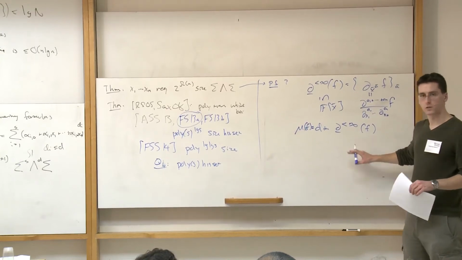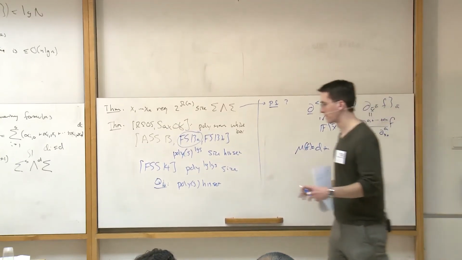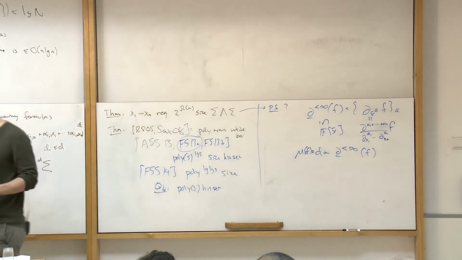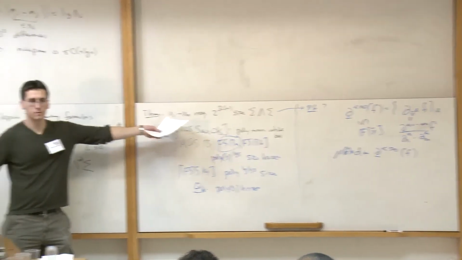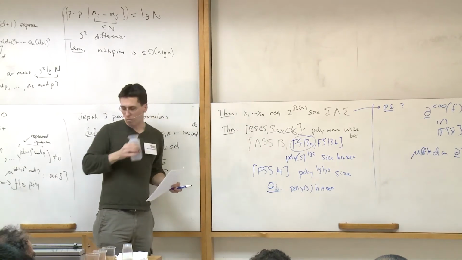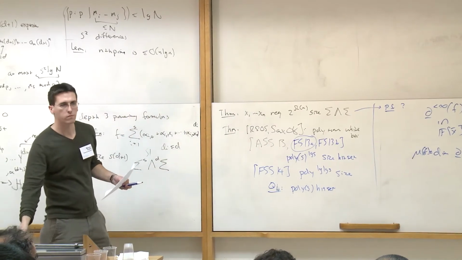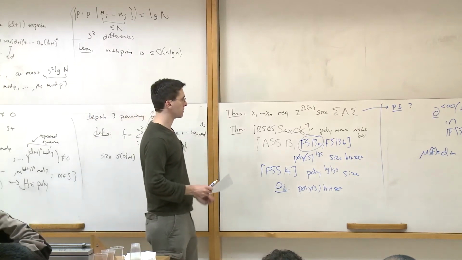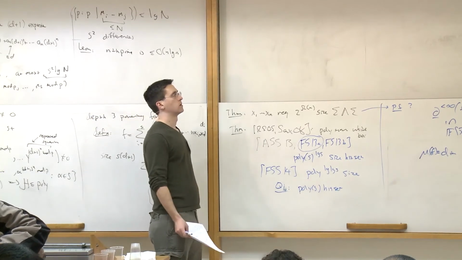Can I ask one question? Absolutely. In the top theorem, you would say that it requires that much size even to approximate it infinitesimally closely, because there are closure conditions. Yes.